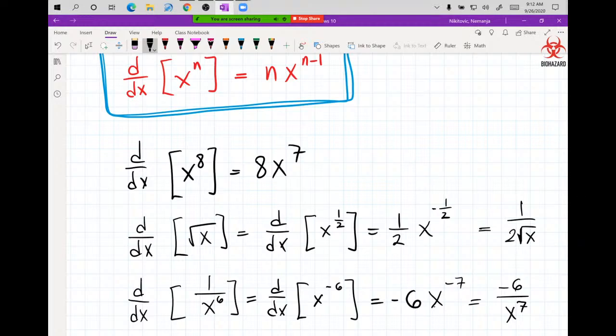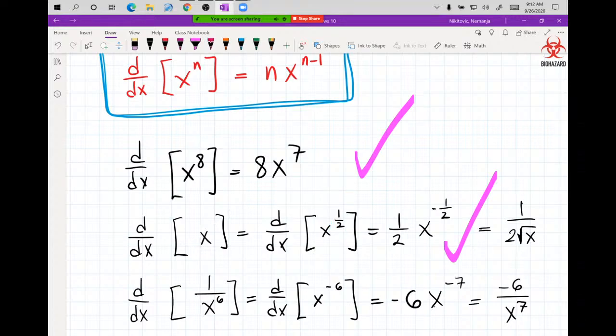This one formula covered polynomials, right? x to any integer. It covered all of the roots, not just the square root, but a cube root and a fourth root, because how does the problem change if I have a fifth root of x? This is 1/5, right?